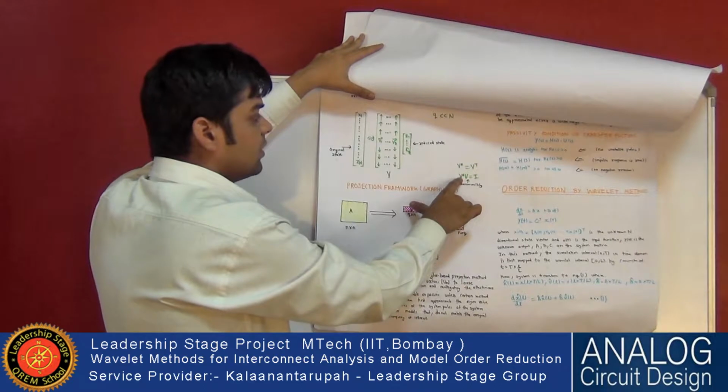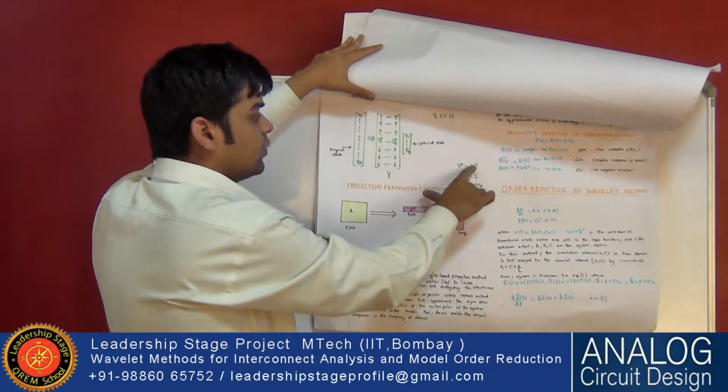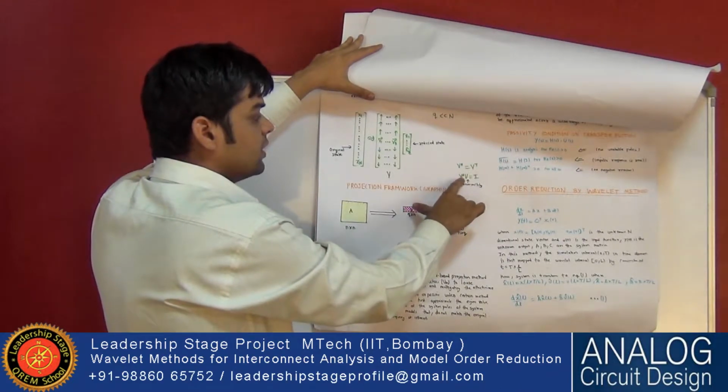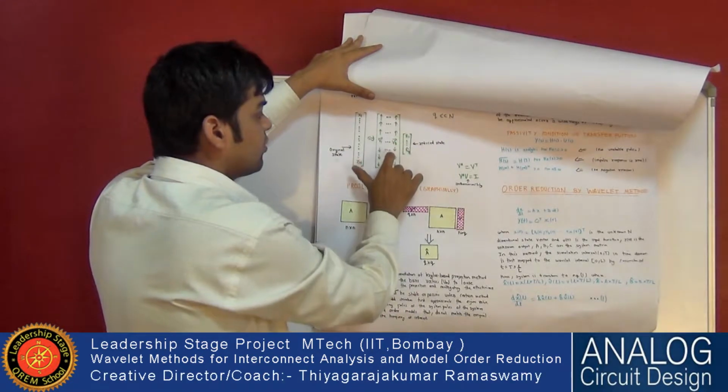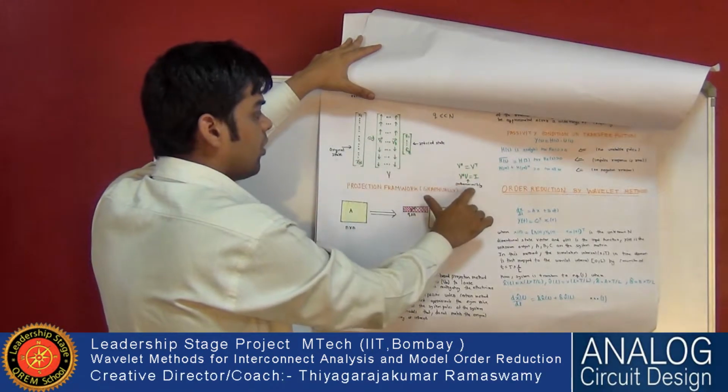Orthogonality means V star, the transpose of V, multiplied by V equals I. So this matrix should follow this property of orthogonality.